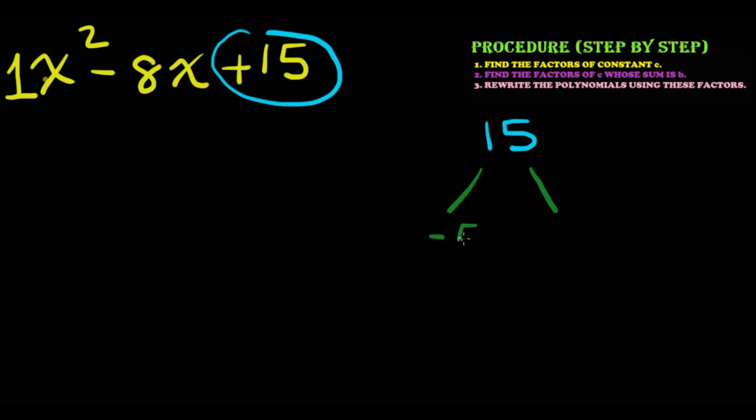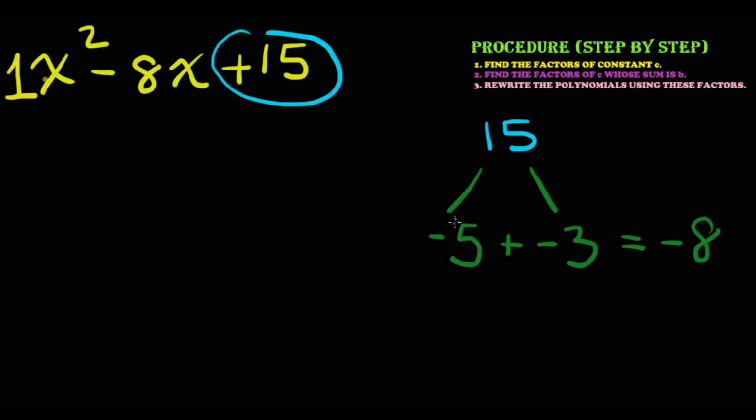But if we use negative 5 and negative 3, well, negative 5 times negative 3 is positive 15. And then negative 5 plus negative 3 gives you negative 8. And that's what we wanted. So this is perfect. So the two numbers that we're looking for are negative 5 and negative 3.